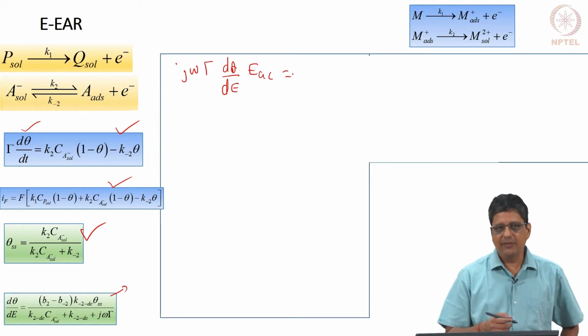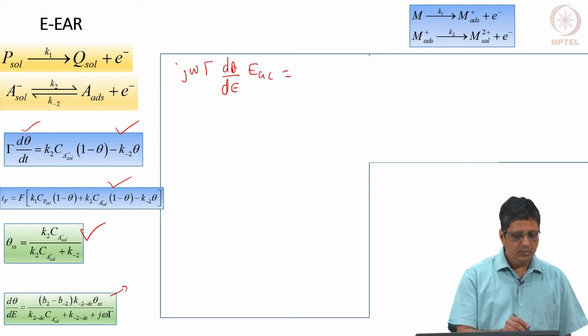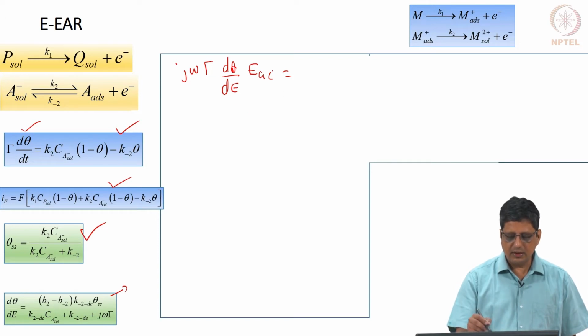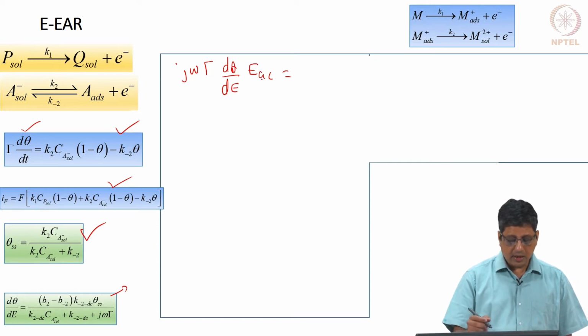So, I would assume that given enough time you can show that gamma d theta by dt, when we apply a sinusoidal potential, would give rise to j omega gamma d theta by dE term. So, this is the expression on the left side.